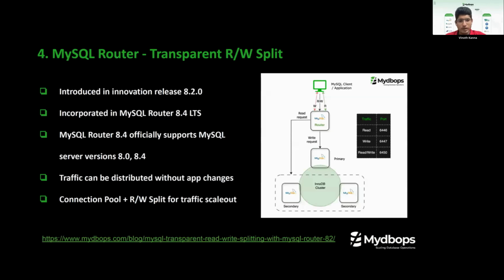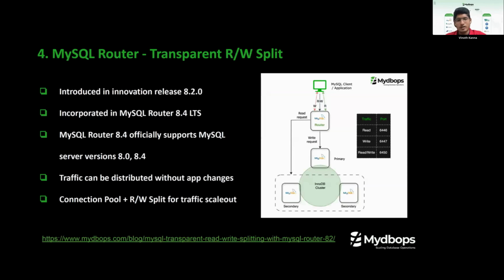And if you have an application which doesn't have clearly segregated read-write routes, you can start using this new transparent read-write split option. This provides us the capability to scale out without changes in the application code.